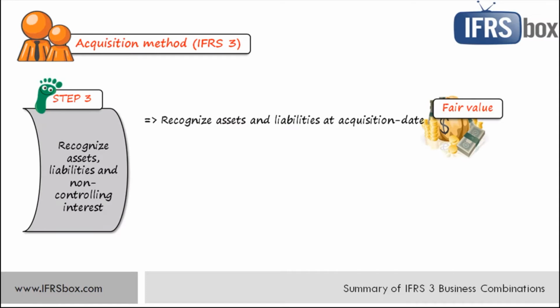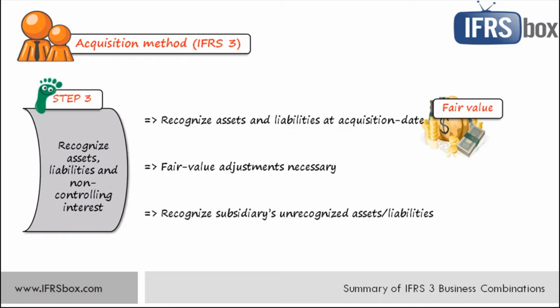The important thing here is to recognize all assets and liabilities at fair value determined at the acquisition date. While a subsidiary can apply different measurement methods, such as cost less depreciation, and therefore often fair value adjustments are necessary at consolidation. Sometimes, a subsidiary has some unrecognized assets or liabilities, and these need to be recognized too.